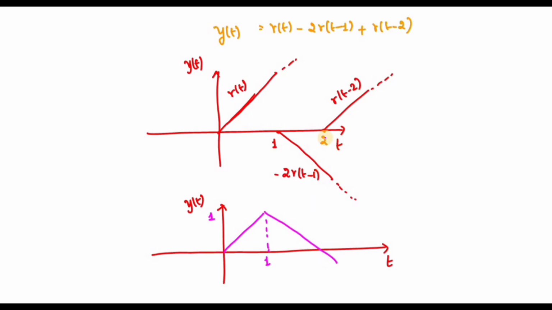So from 2, I have plus r of t minus 2. Since it goes on like this, from here I have to add r of t minus 2. This is 2. Okay. So if I add r of t minus 2, it has to be like this. The final answer has to be like this.